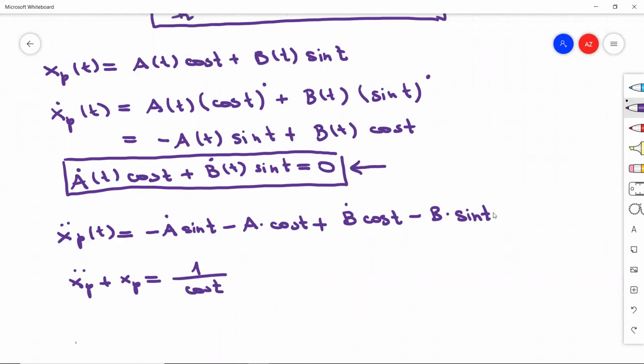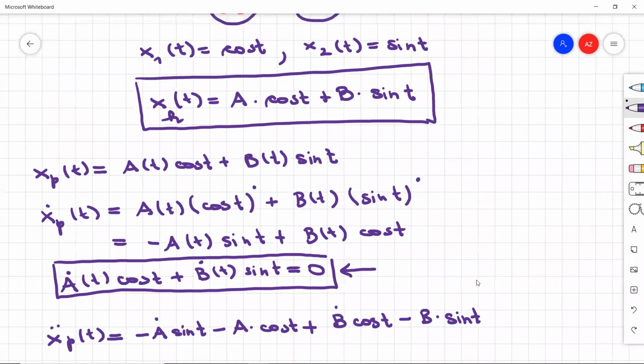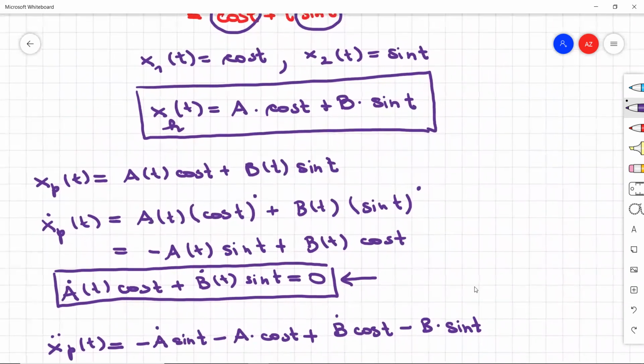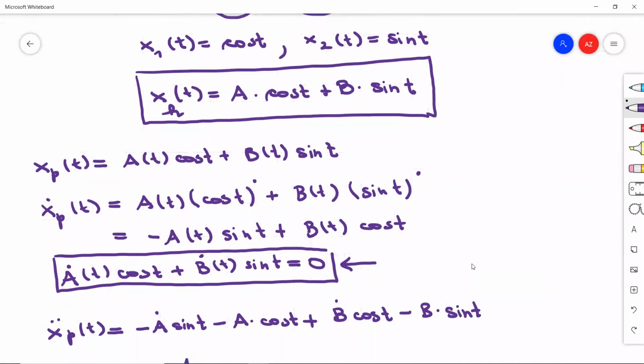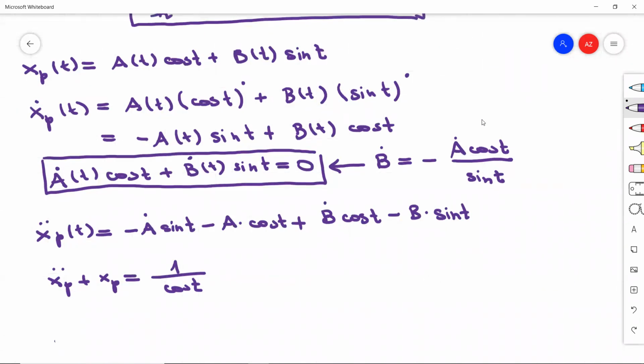We can express b prime out of this condition or a prime out of this condition. So let's express, for example, b prime. So b prime is minus a prime cosine t over sine t. Okay, and I will just use this when I plug this into our dE.